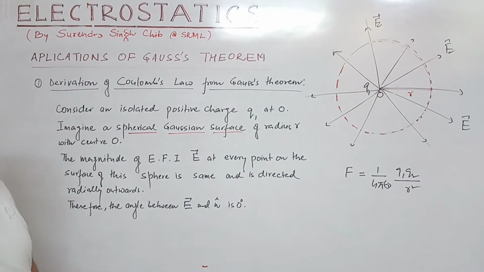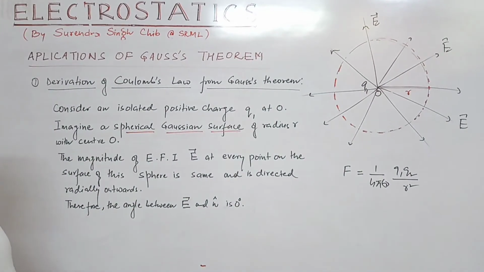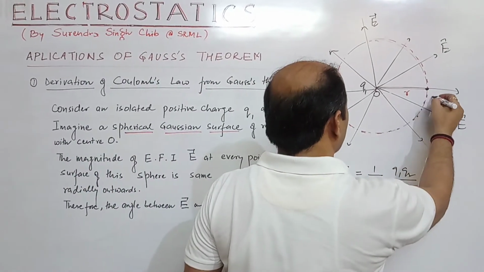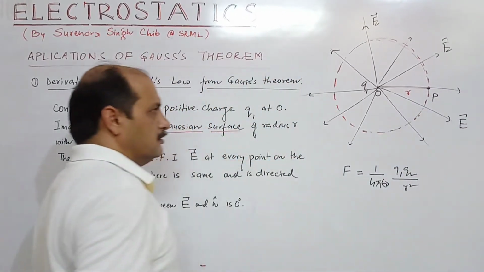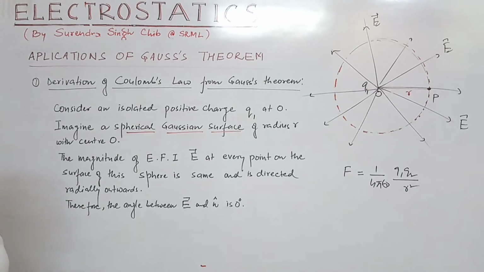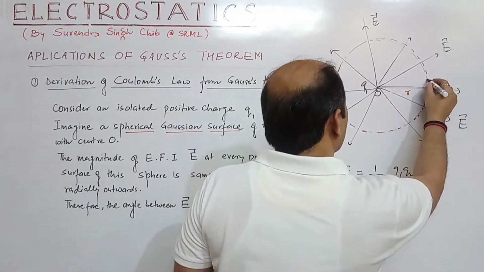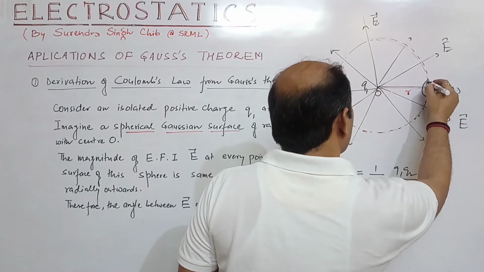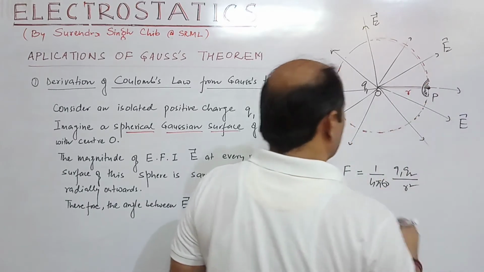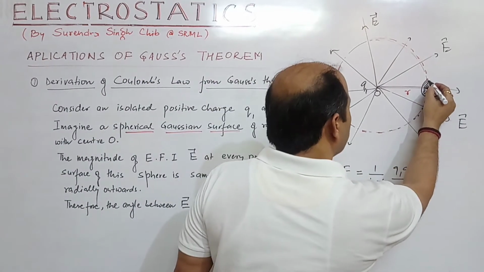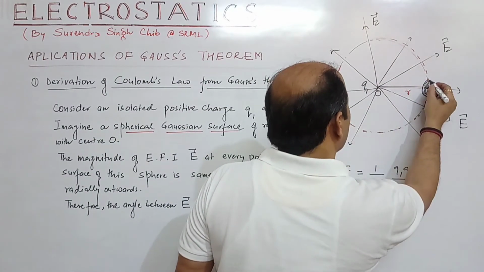So to derive Coulomb's law, we'll take some point P here, for example, on the Gaussian surface. So let us consider a point P on a Gaussian surface. And this is a surface element around P. The other part of this surface element is that side.